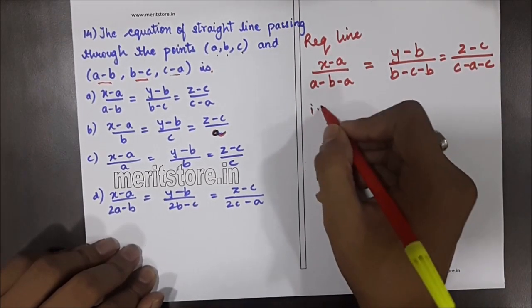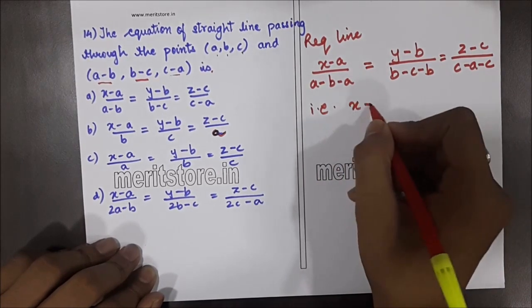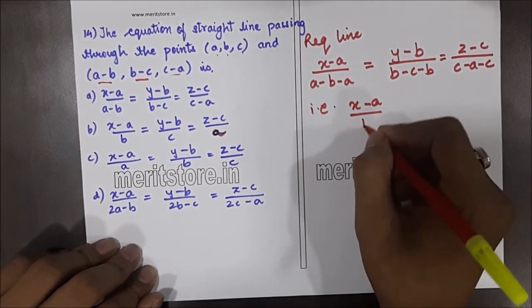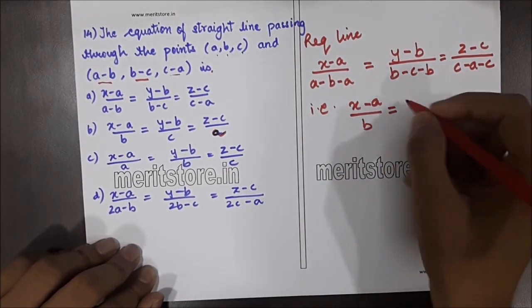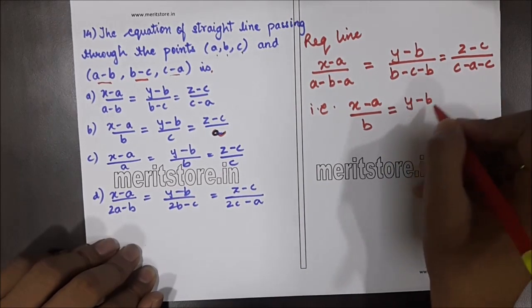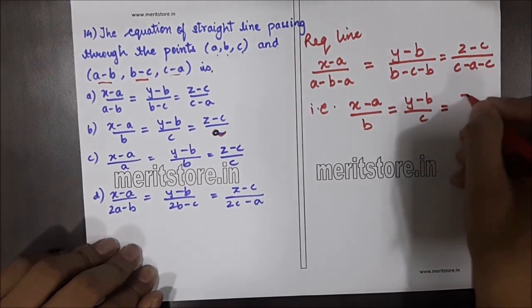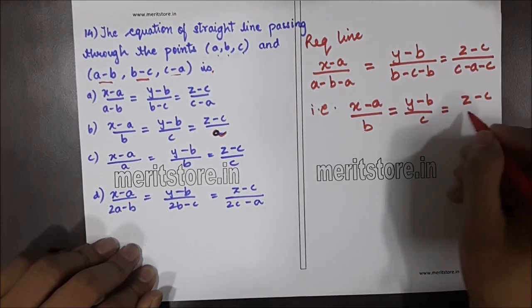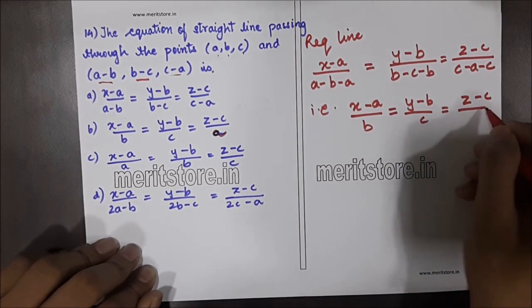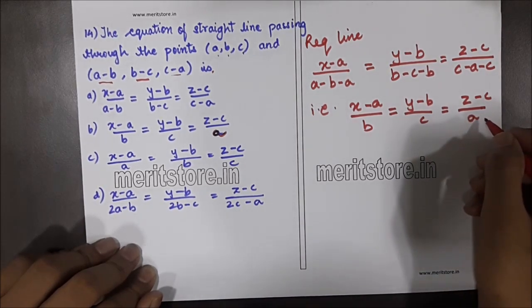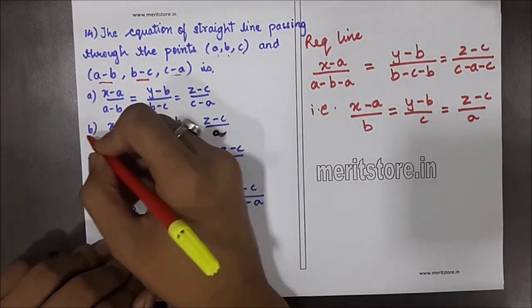That is x minus a upon b, which is equal to y minus b upon c, which is equal to z minus c upon a. Therefore, the correct answer is option B.